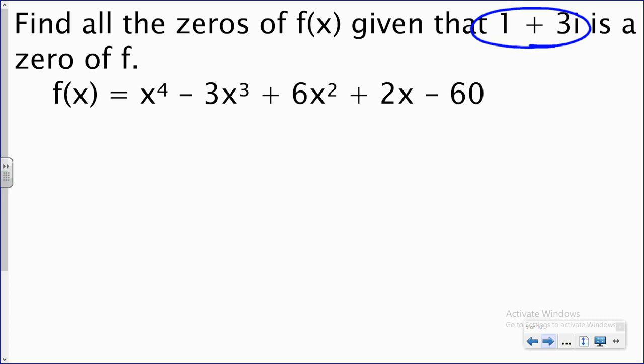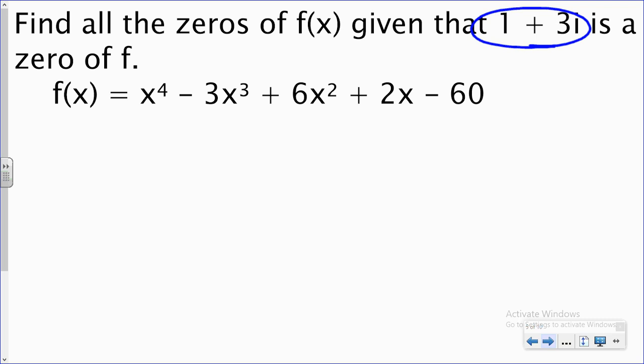Go ahead and write this function down, and that our zero is 1 plus 3i. All right, I want to find all the zeros.